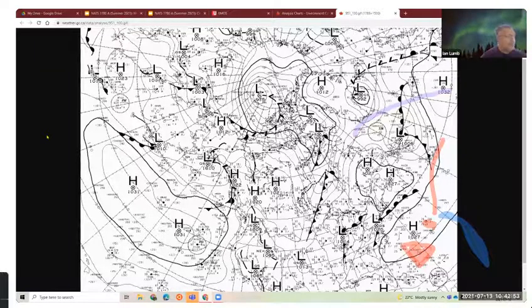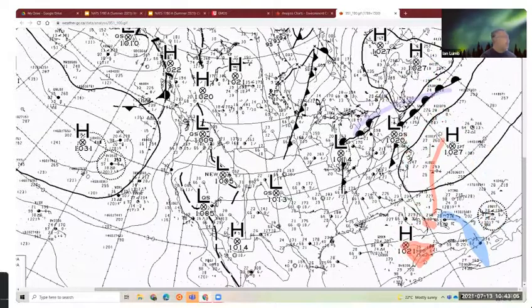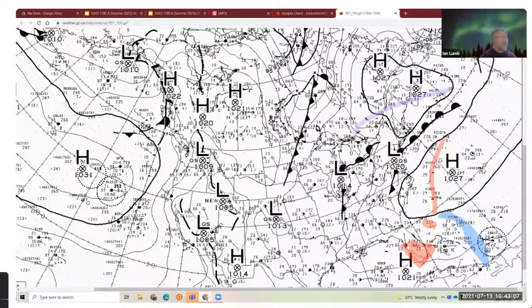Now, it's an interesting time in the Toronto area because we are expecting some precipitation today. And actually, let me just do some erasing. Right here, we have a weather system. Let's have a look.